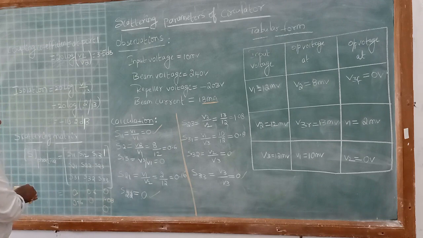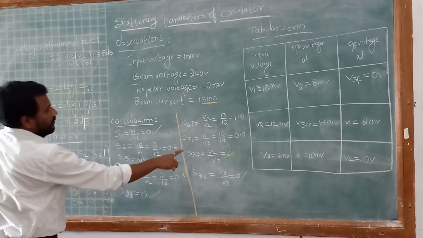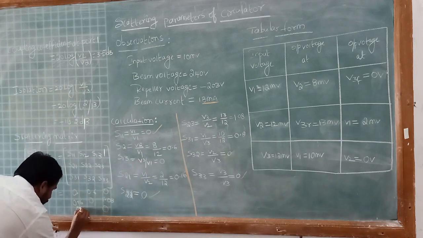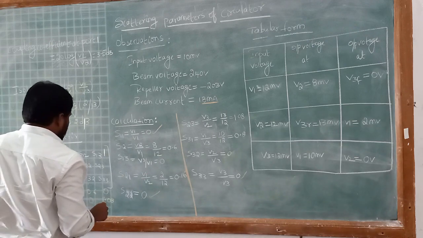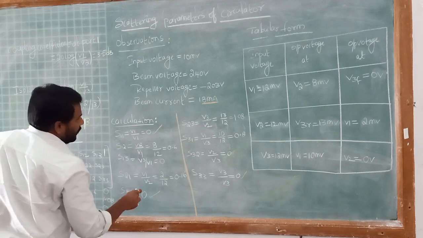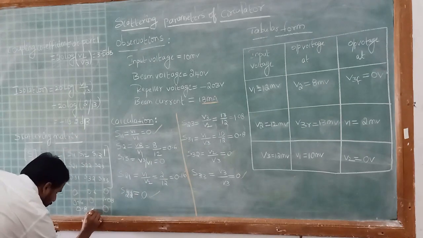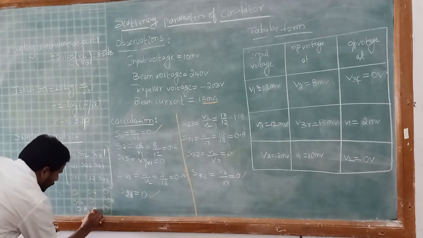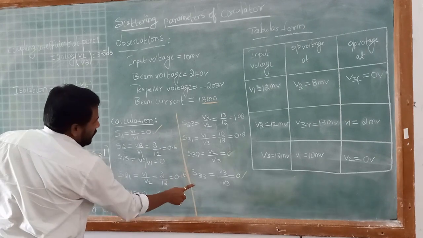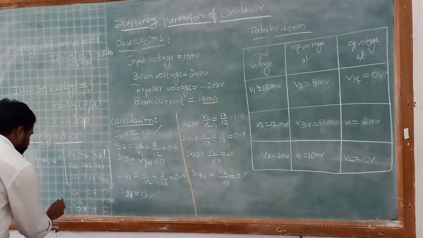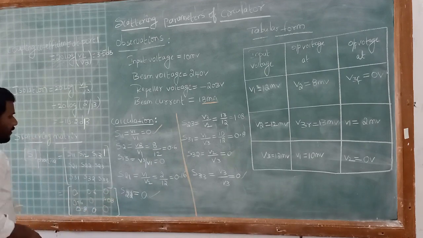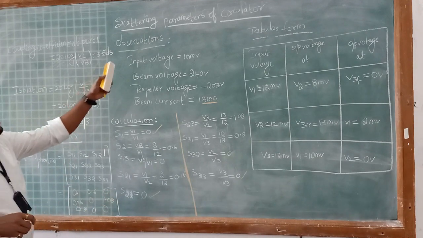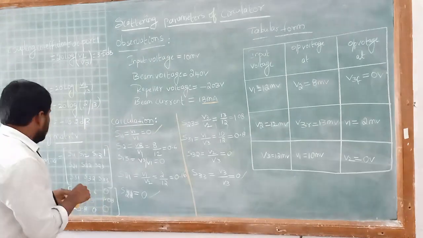Next, S31: 0.8 and S32: 0. S33: 0. So this is the required scattering matrix for the circulator.